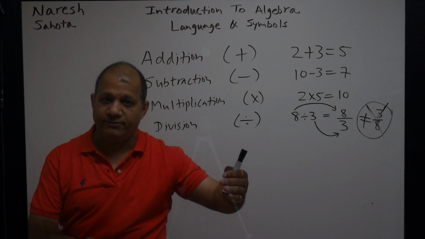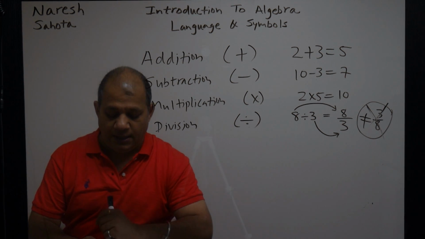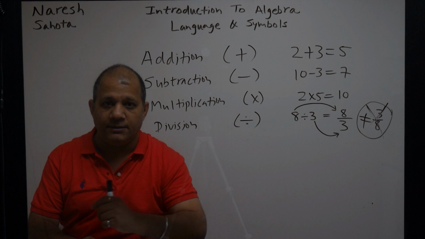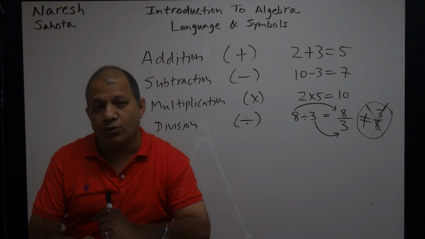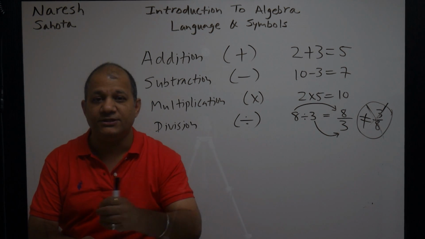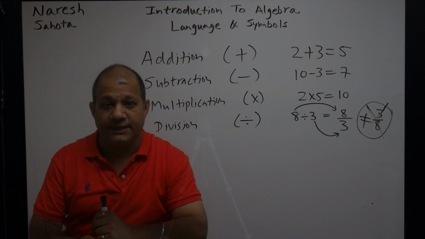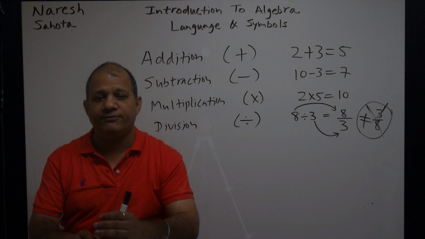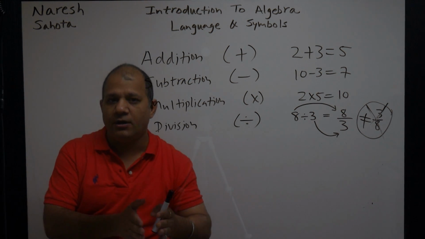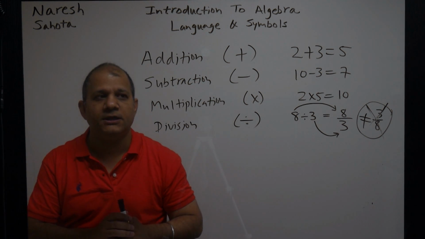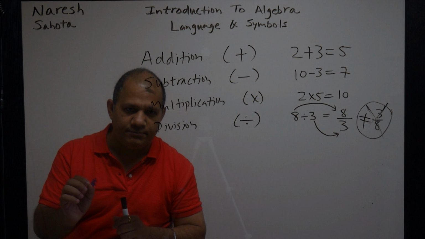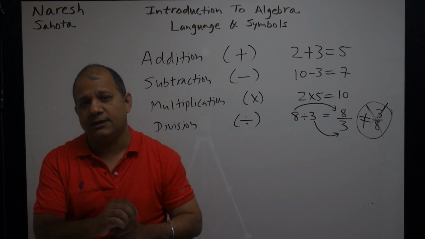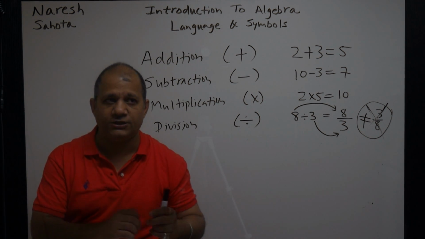So what's the sum of this bunch of numbers? Total, what's the total of these numbers when you add them? More than also means addition. Raised, increased, and combined. All these different words we will see later on when we get to the word problems, when you translate from the word sentence to a mathematical expression.